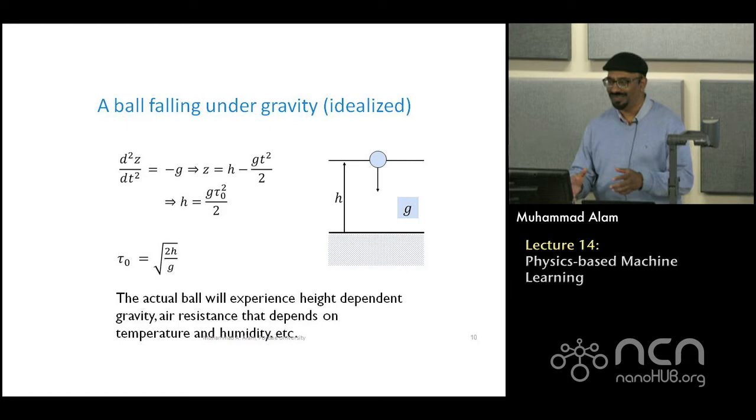So all sorts of things could be changing, and that is very difficult to include. You can do it numerically, but think about how many measurements you have to make. And that could change from time to time. So doing this is possible in the real world, but may not always be very feasible and very useful. So in that case, you would probably just do the ideal part and fit the rest with machine learning.